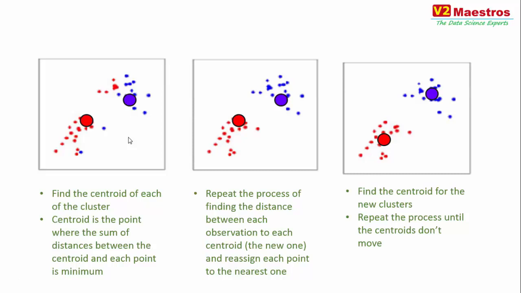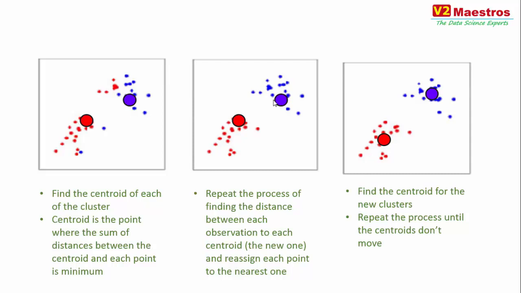Now when I do this once again, what is going to happen is some of the points will move between clusters. For example, this blue dot here, earlier it belonged to the blue cluster, now it will move to the red cluster. Similarly, some points that are here in the red cluster have now become the blue cluster. As the centroid moves, the distance between the points and the centroids changes. As a result, some points move from one cluster to another.